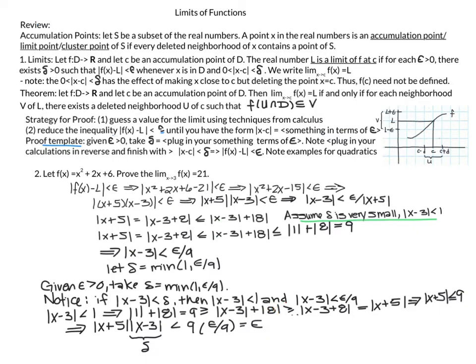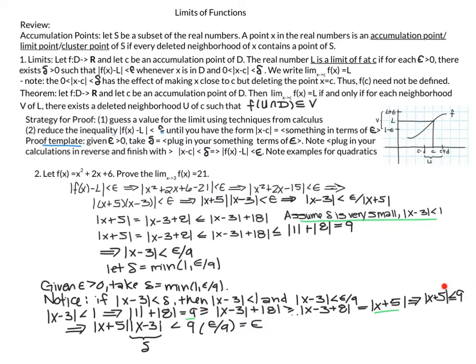I'm just working backwards, which is greater than or equal to |x - 3 + 8|, which is equal to |x + 5|. So what I can take from this line is that |x + 5| is going to be less than or equal to 9.